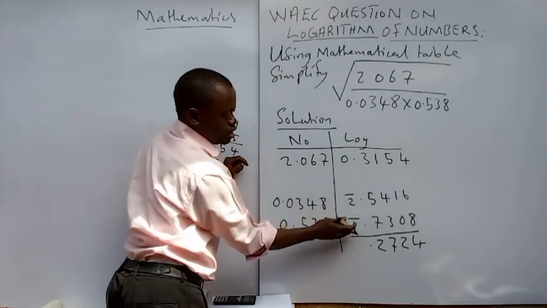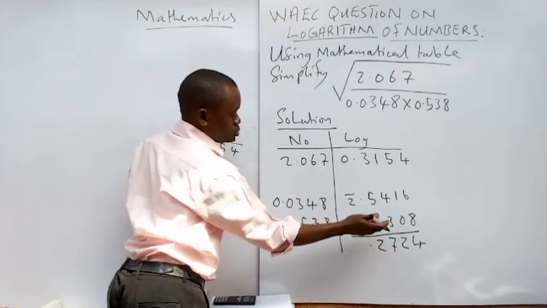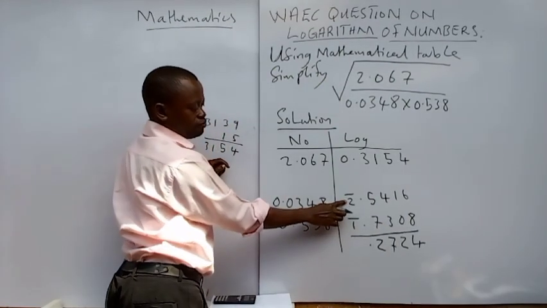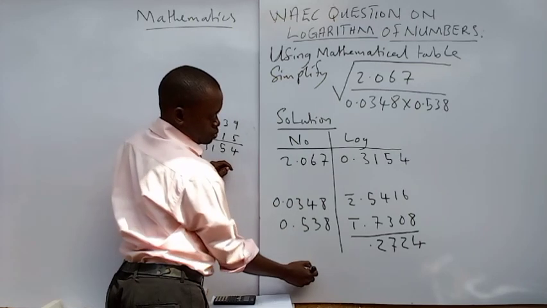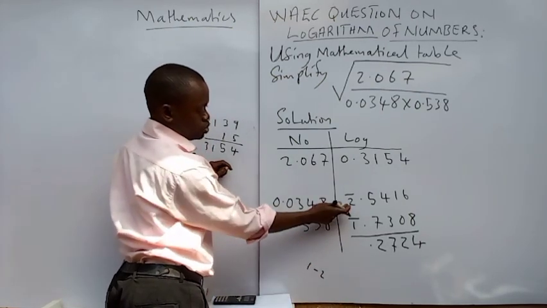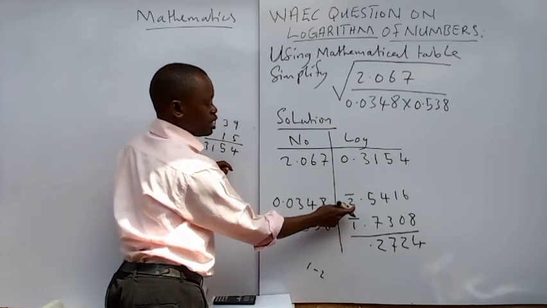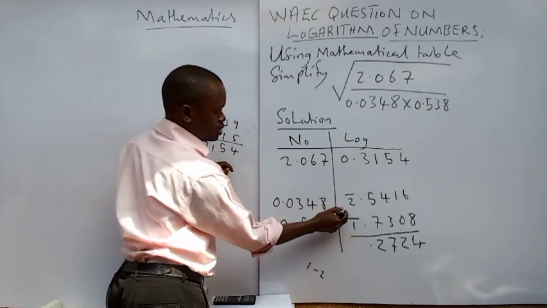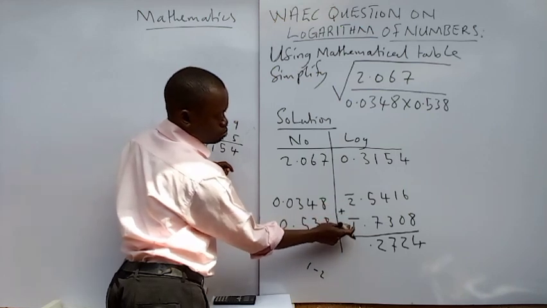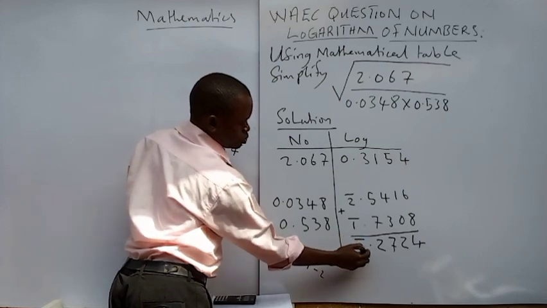It's only this part that is negative, you treat like negative numbers. So that one will come over here and have effect here. This is like 1 minus 2, that will remain minus 1. Because you're adding 1 to minus 2 to become minus 1, so minus 1 plus minus 1 will now give you minus 2, which you write as bar 2.